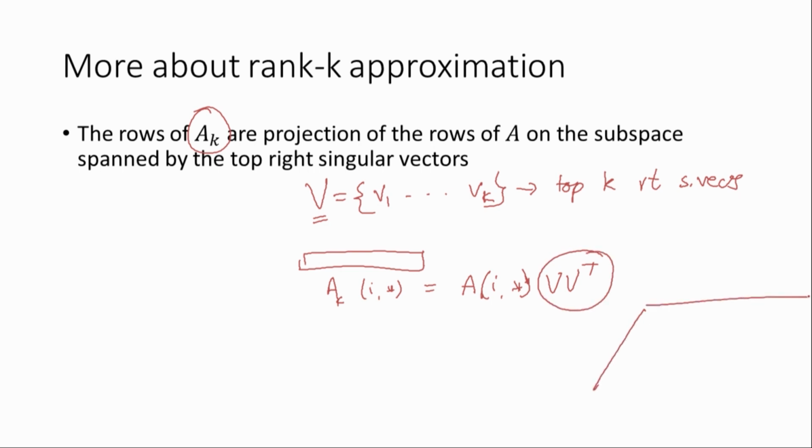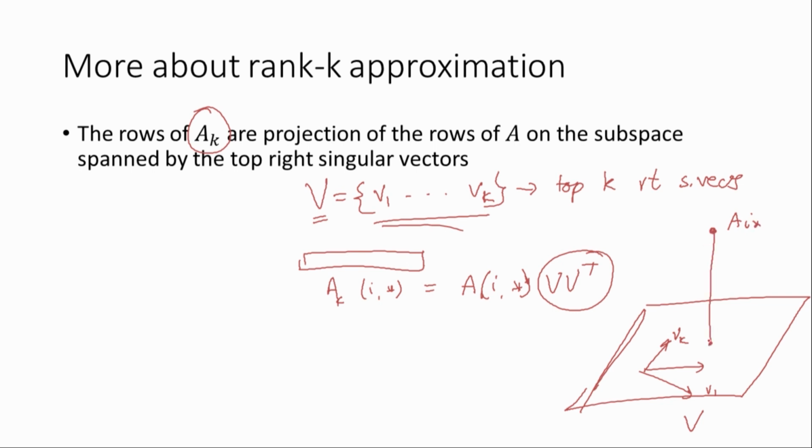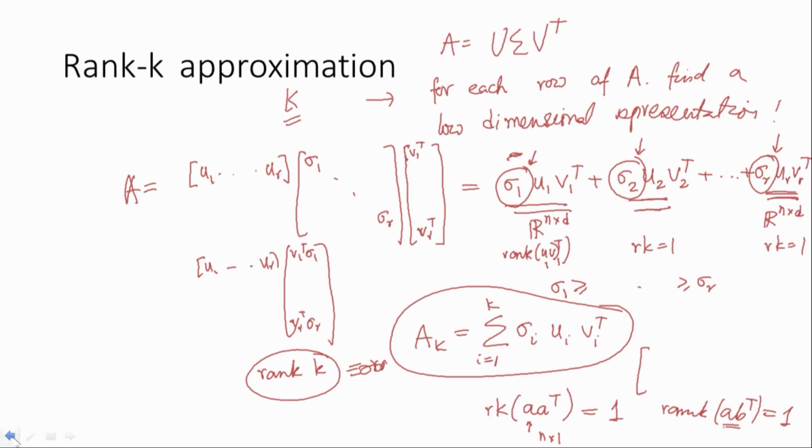So this is the operation, and this is the picture. Supposing this is the space V, spanned by v1 to vk, here is a row A_i star. We project that row onto the subspace, and what you get is the corresponding row of A_k.